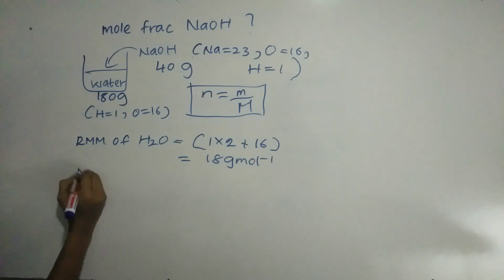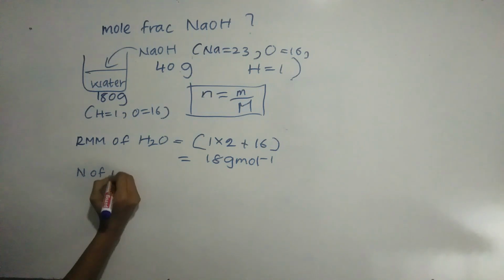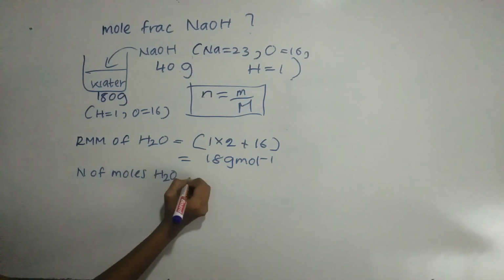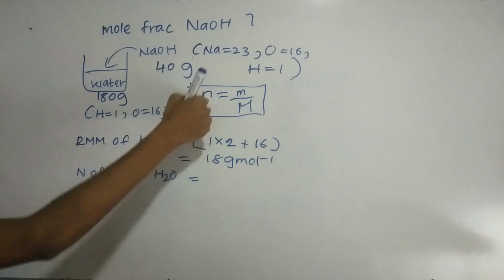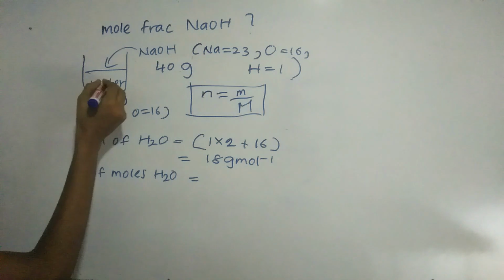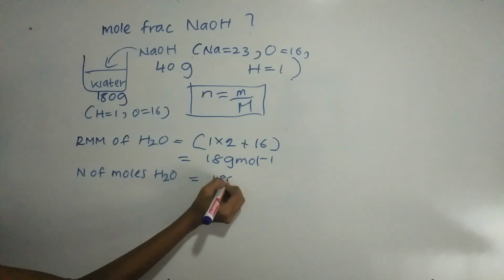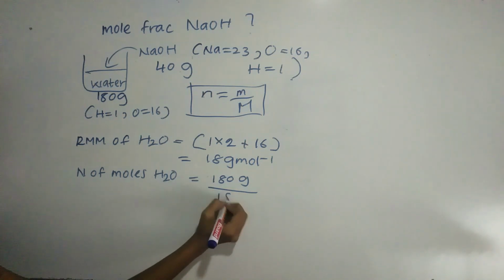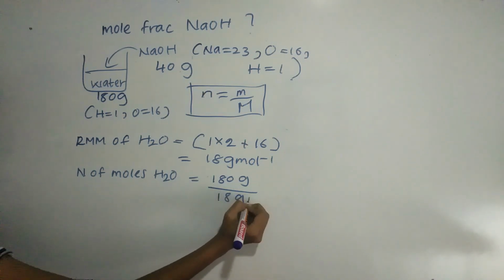Now I am going to find the number of moles of H2O. To find the number of moles, I should take mass over molar mass. The mass of water is 180 grams and the molar mass is 18 grams per mole.